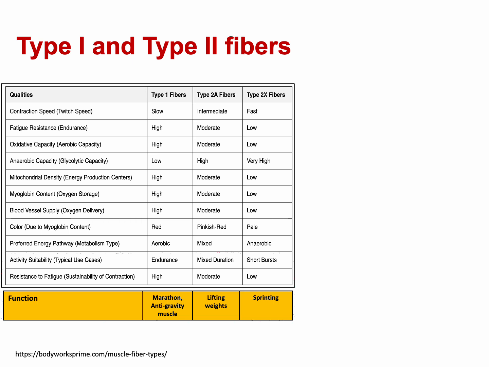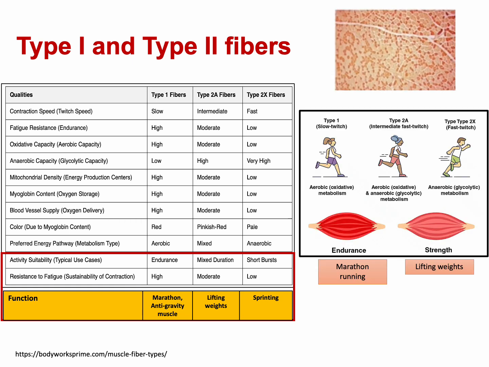In terms of muscle work and exercise, type 1 is more on endurance since it's more fatigue resistant. In other words, type 1 is slow twitch, used for endurance like running a marathon. Type 2 muscle fibers are used in short bursts such as lifting weights and sprinting.